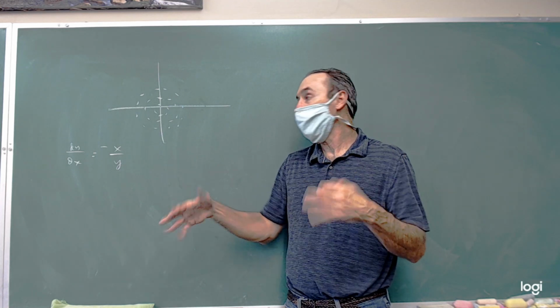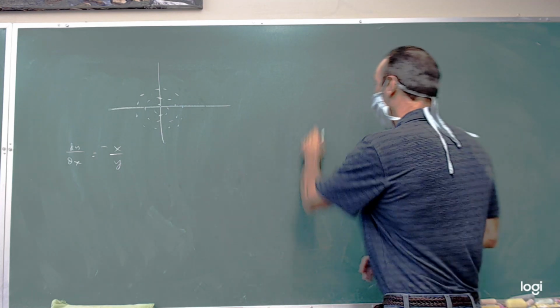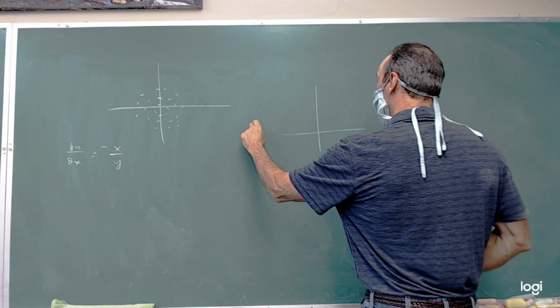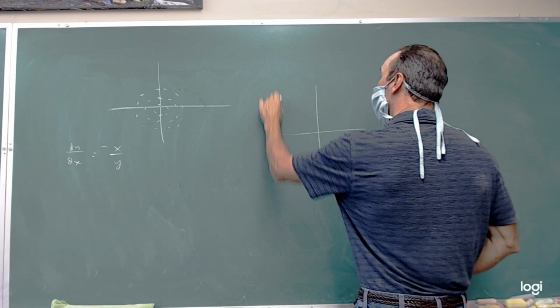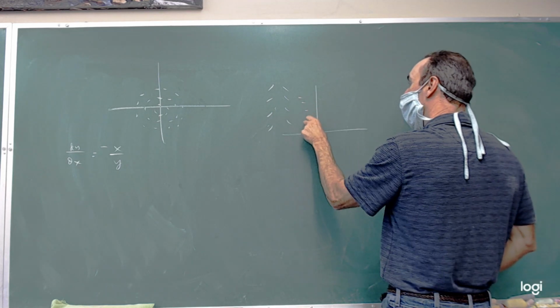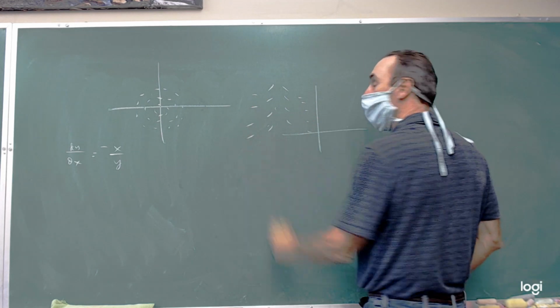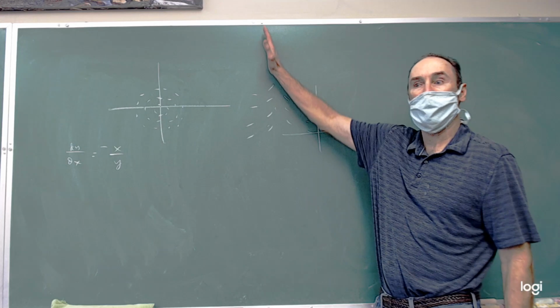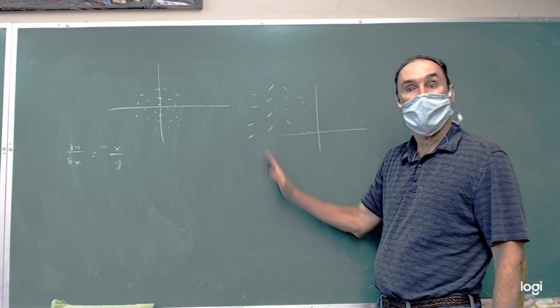Sometimes you will see from your slope fields something that suggests, for example, a vertical asymptote right over there.